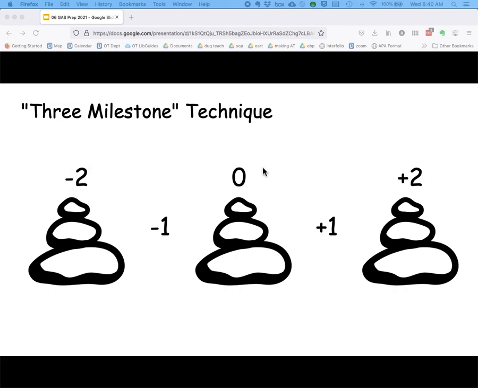You can establish where you expect them to be, and you can establish the best possible outcome you can imagine for them. And then these become intermediate levels where they're just somewhere in between, right? So they have improved, but they haven't reached expected level. That's -1. They did exceed your expectations, but there's still room for improvement. That's +1.